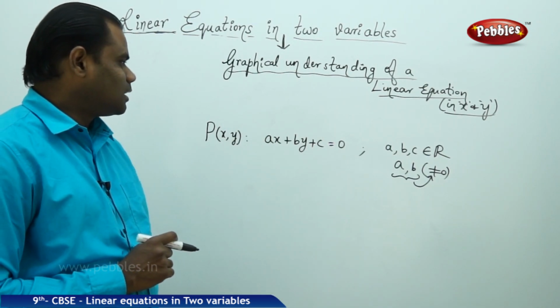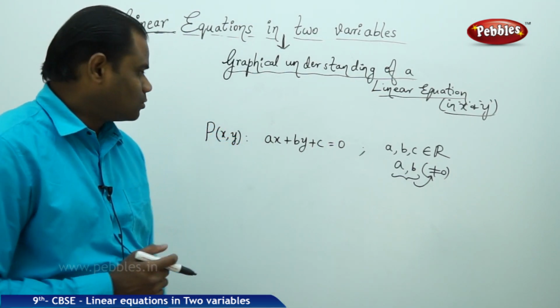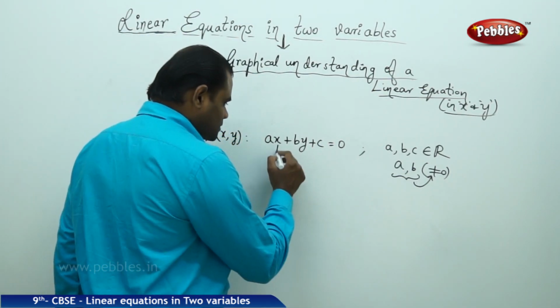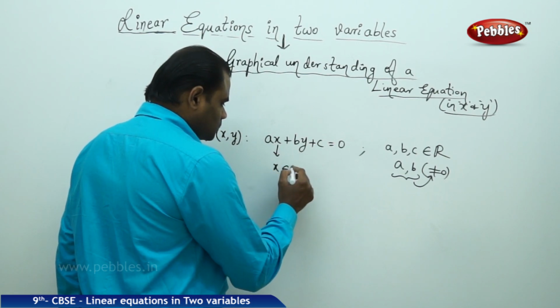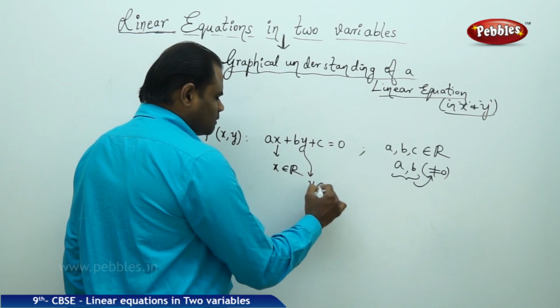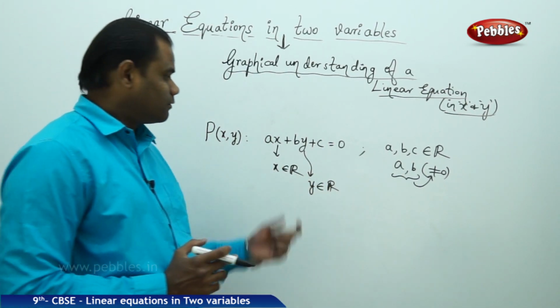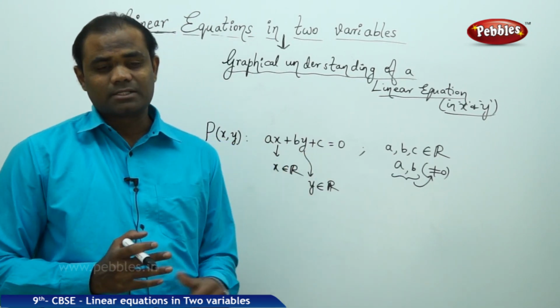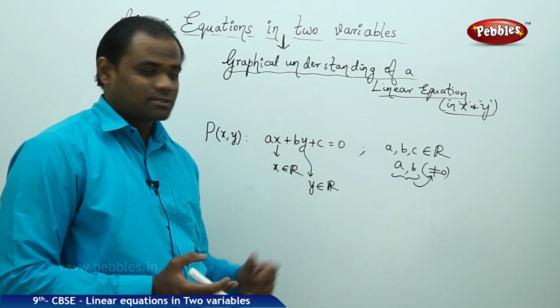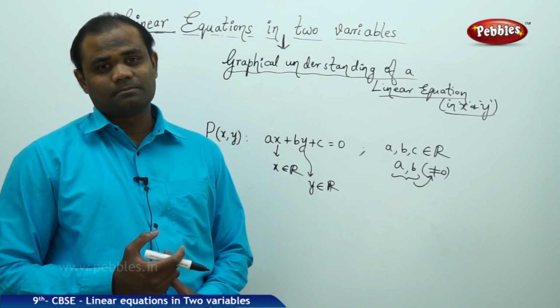So for this, how does it look in the graph is the biggest question. So when we have each of x belonging to the real numbers and each of y equally belonging to the real numbers, I see that there are infinitely many solutions, and let's see how the shape of this linear equation looks in the graph, the xy coordinate system.